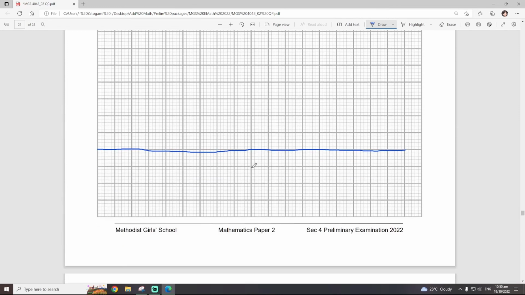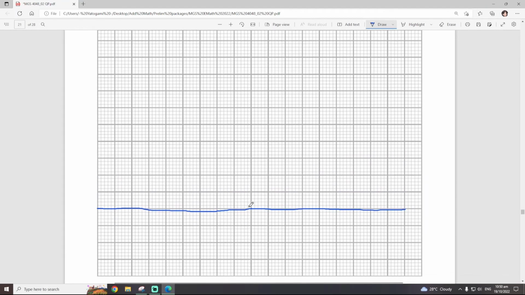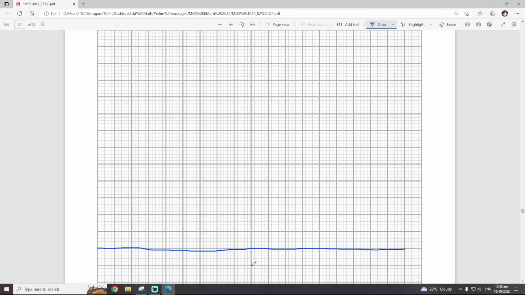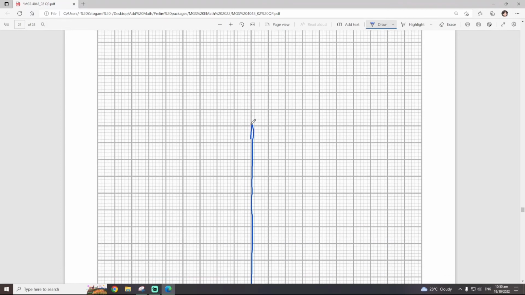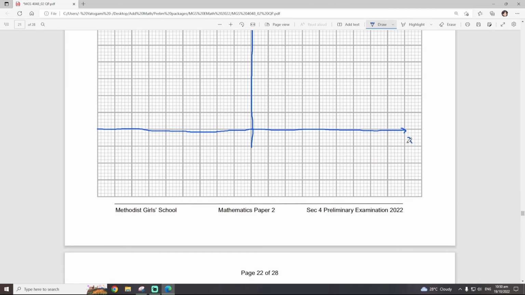And then to go from 0 to 12, you need to go up. 1, 2, 3, 4, 5, 6, 7, 8. Up to 12. Okay, so it stops here, and then yeah. Okay, so this is y, and this is x.